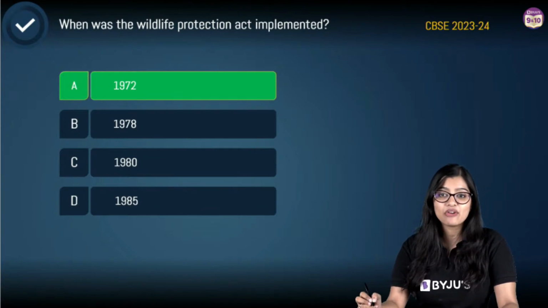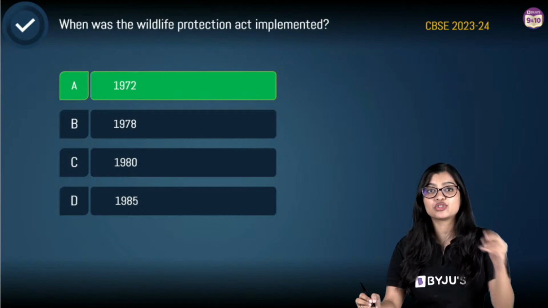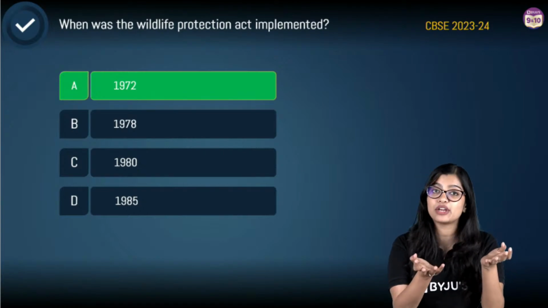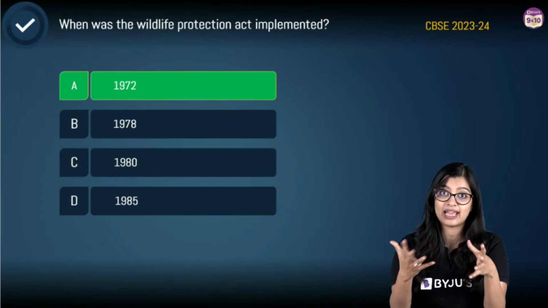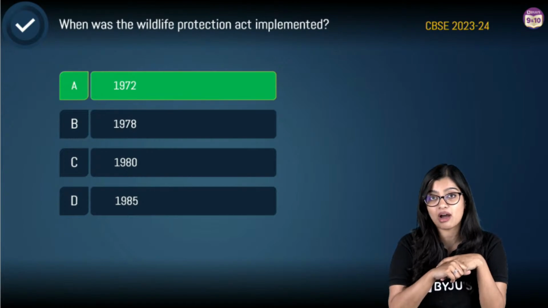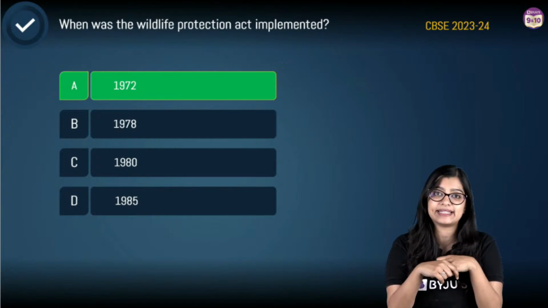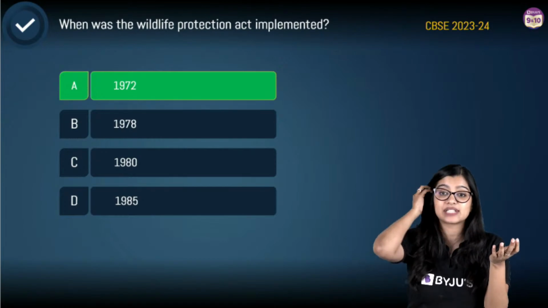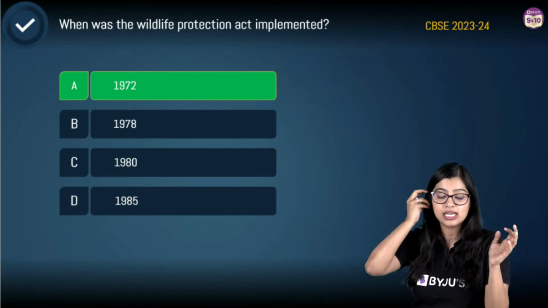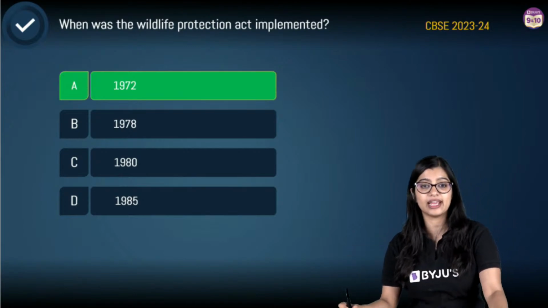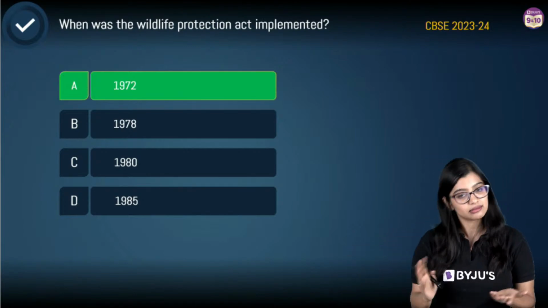And what was the aim of the Wildlife Protection Act? It was focused on making sure that we are able to maintain the population of the wildlife organisms that are there, restrict or put a complete ban on hunting of certain species, and of course declare protected areas like wildlife sanctuaries and national parks. So this is the broad agenda of the Wildlife Protection Act, right? And preserve the habitat, clearly.